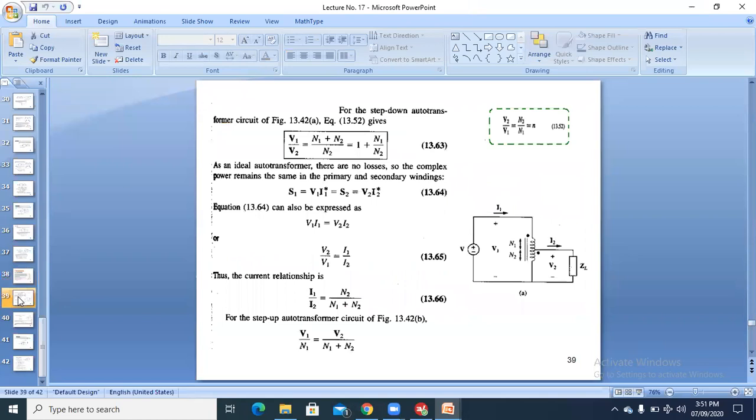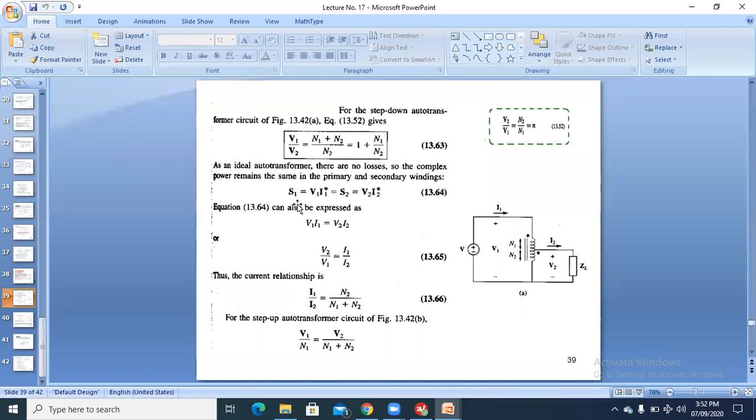So we analyze the ideal autotransformer. For example, we have a turn ratio of N1 at the primary side and N2 at the secondary side. So we have the ratio of N1 plus N2 divided by N2, and the voltage ratio V1 by V2 is 1 plus N1 by N2.